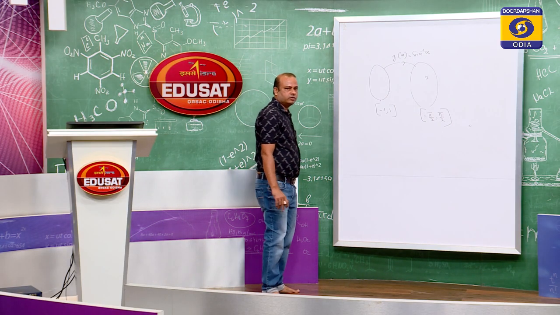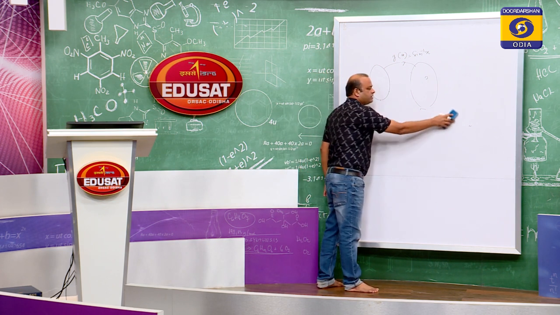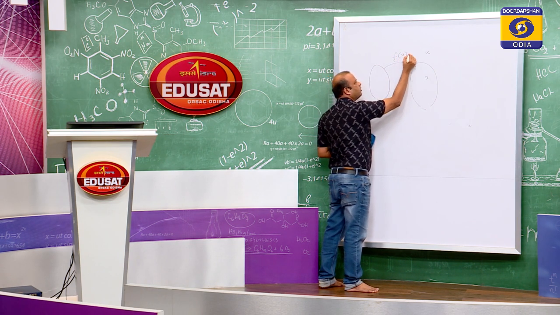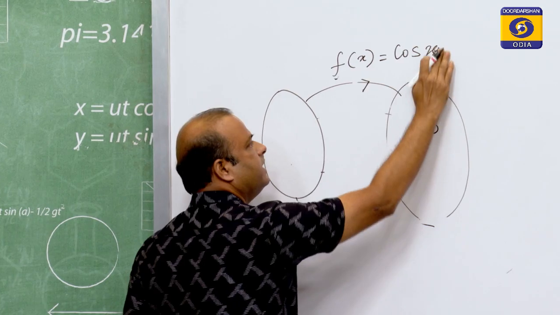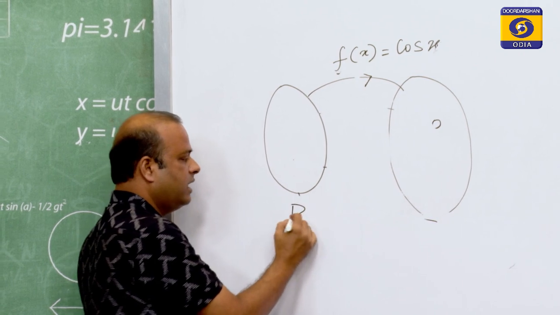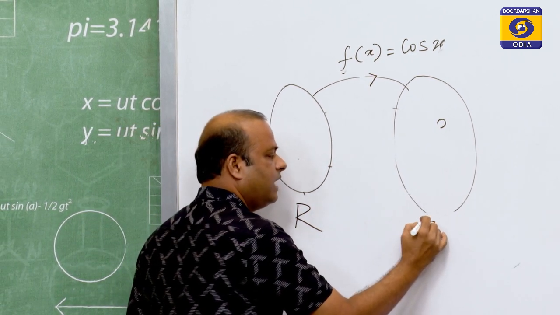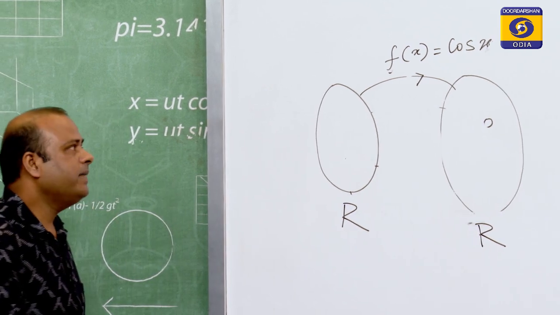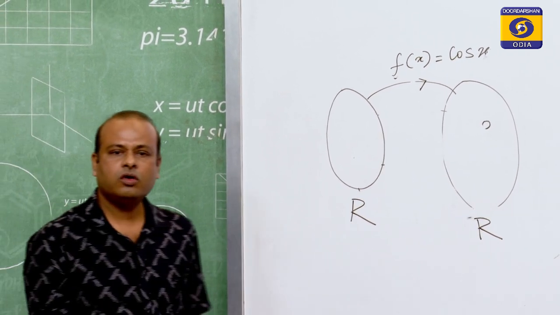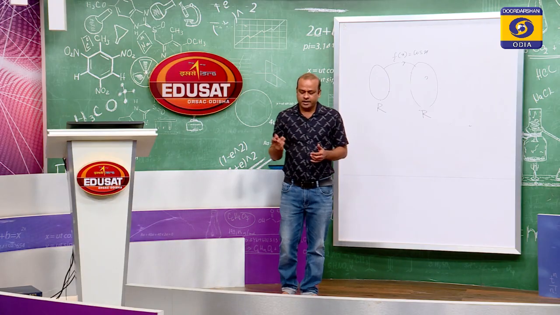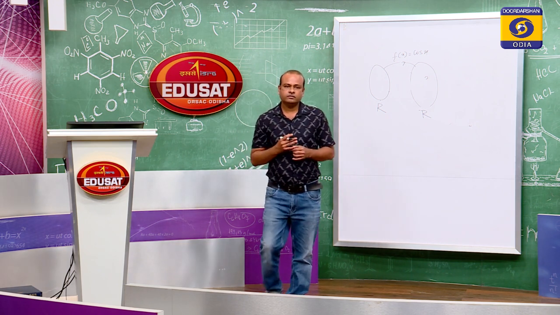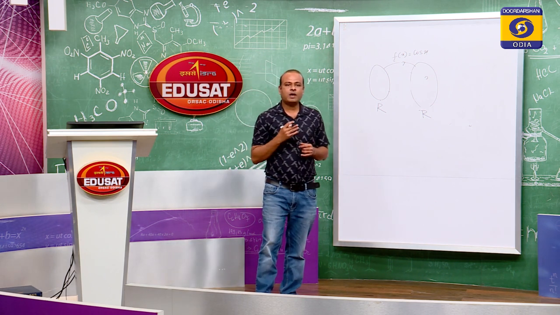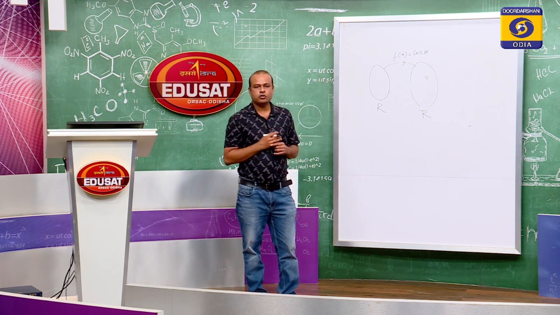As you know, for cos inverse x, if you take the function f of x equal to cos x, its domain is R and also its codomain is R. For cos x, the domain is R and the codomain is also R, but in this domain and codomain the inverse does not exist, because the function is not 1 1 and also not onto.